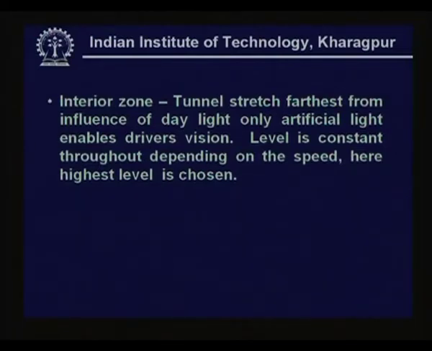This is the tunnel stretch, what we call the interior zone, which is the farthest from the influence of daylight, and entirely by artificial light the driver is guided. It is kept constant, and usually the highest level is chosen here.